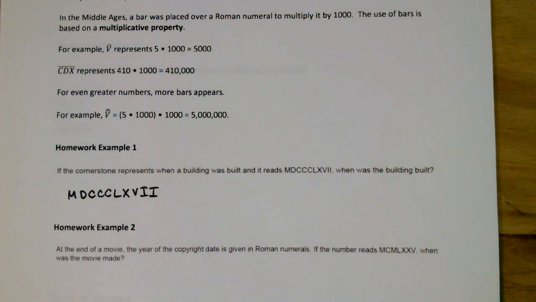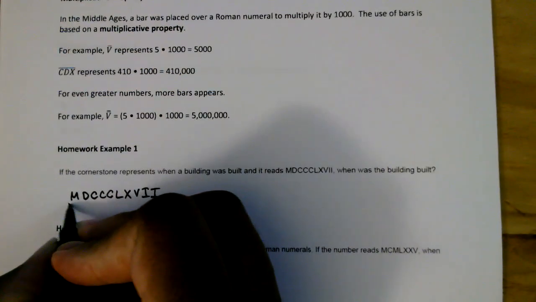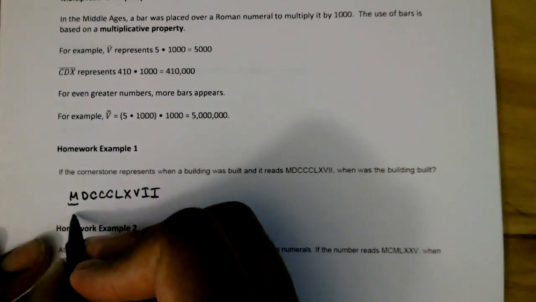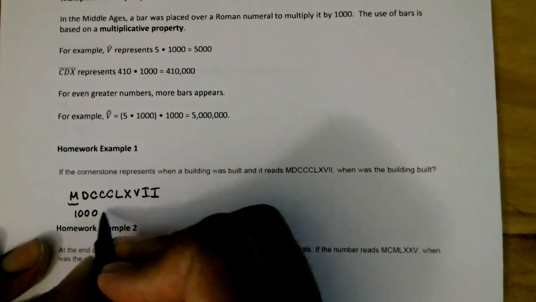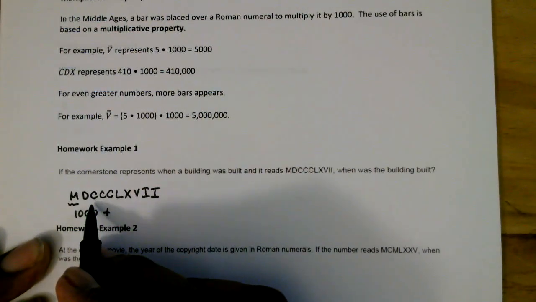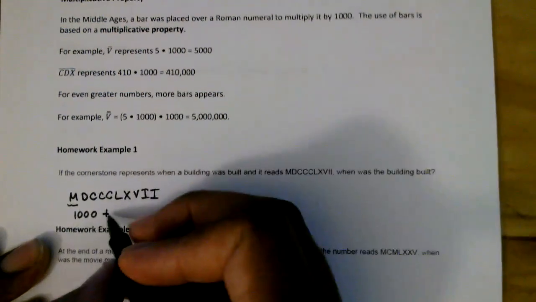All right, so now let's try to identify the year that the building was built. In this case, that M right here represents the Roman numeral for 1,000. And then plus the D is the Roman numeral for 500.